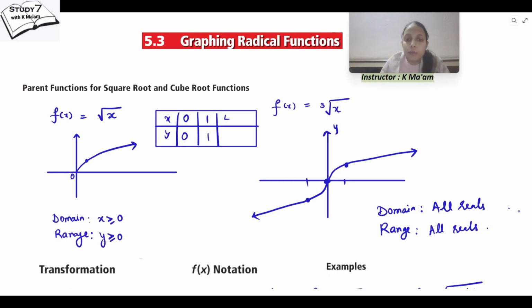I directly put 4. The square root of 4 is 2. Then put 9. The square root of 9 is 3. You can see this. So this is how you can draw any graph if you are provided with the function.